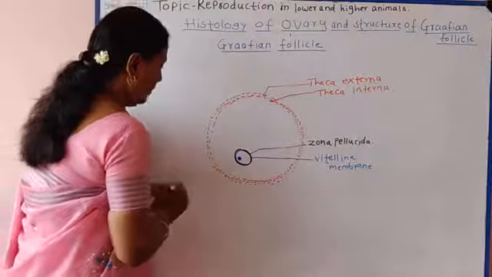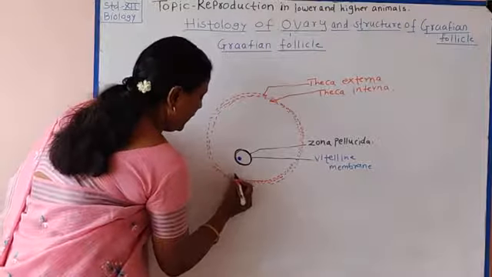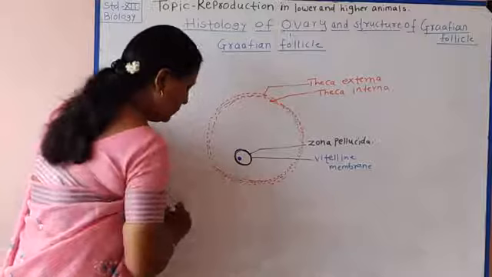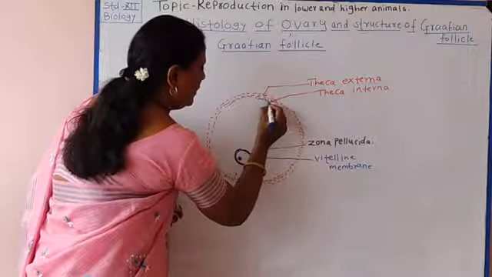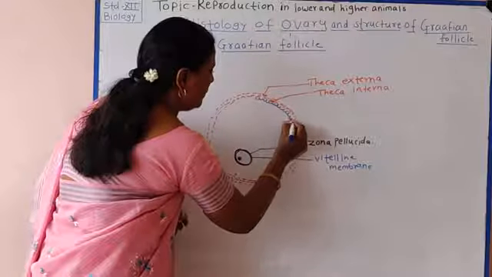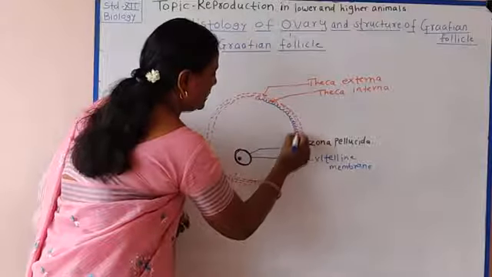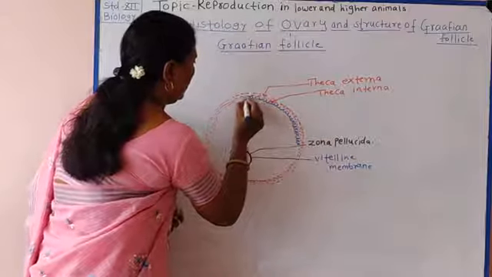Now we will complete the diagram of this Graafian follicle. The cells which are inside this theca interna are follicular cells. They are called granulosa cells.